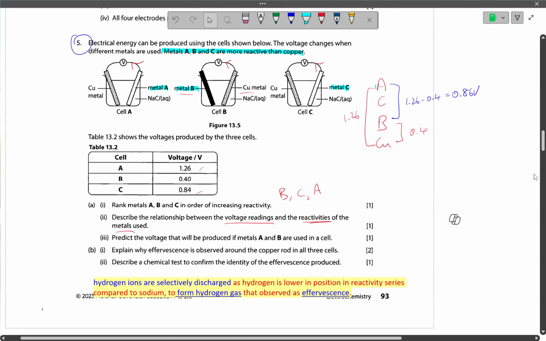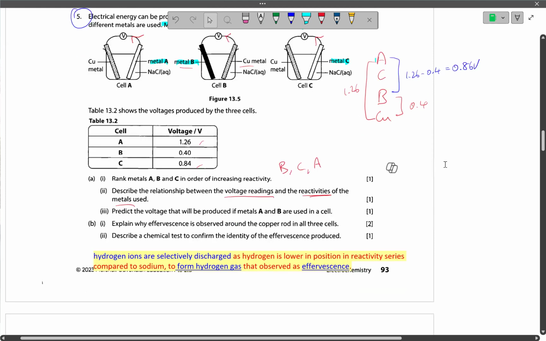Any question? All right, such questions, test for gas, are quite common actually. But I'm not sure whether the school will test you on the test for gas because it's part of qualitative analysis. But students need to remember it.